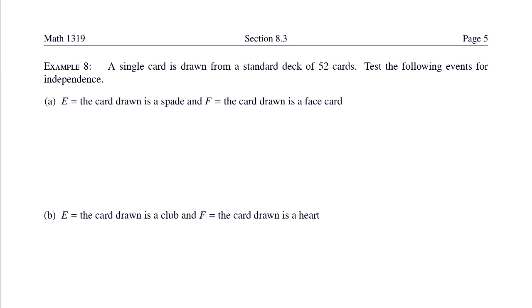Erase all this, erase all that, except for the probability. Now, based on our conversation, the probability of E intersect F is 3 out of 52.